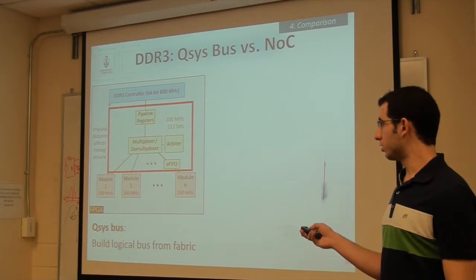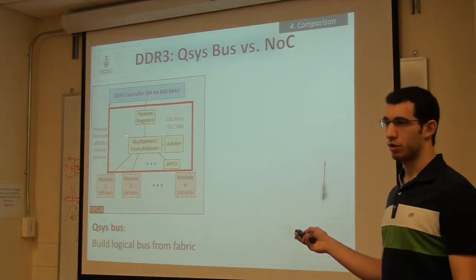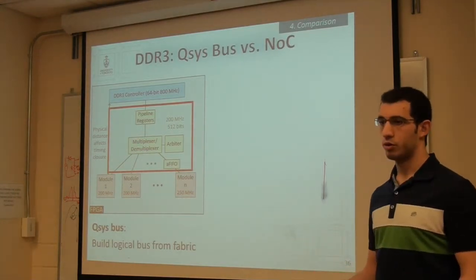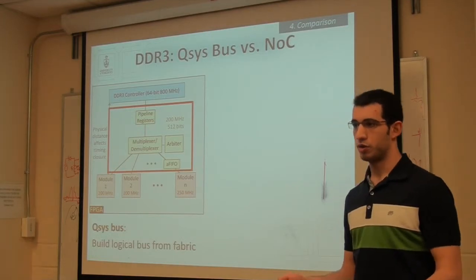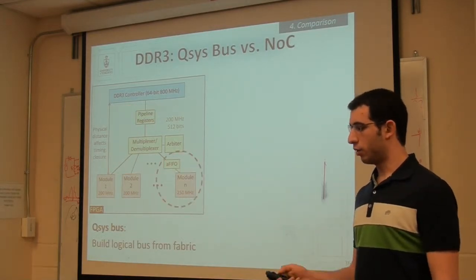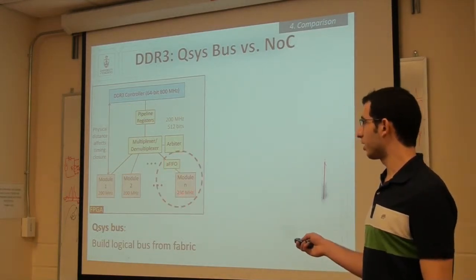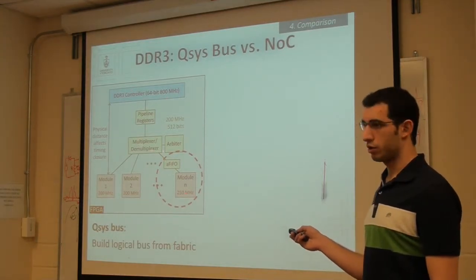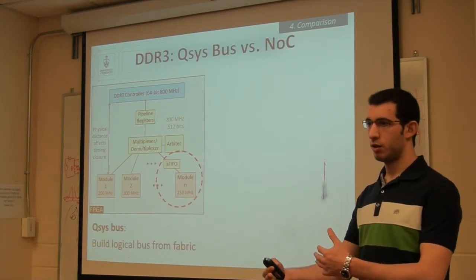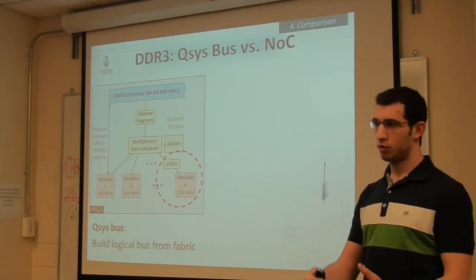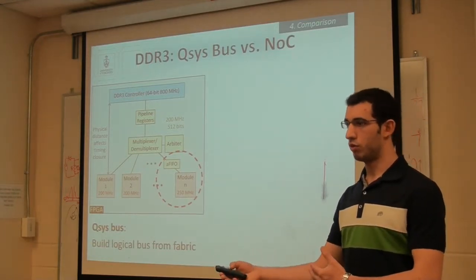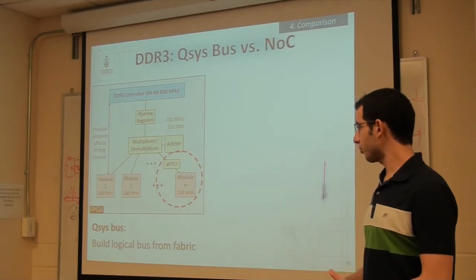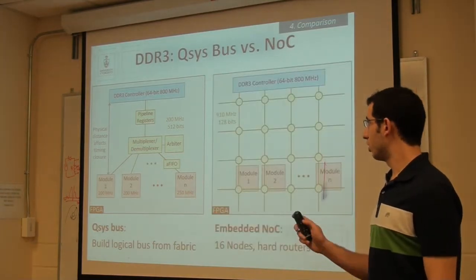What it generates is a network of multiplexers and demultiplexers, arbiters, and pipeline registers everywhere. If you have a module that's not running at exactly the quarter rate speed of DDR, then it will need an asynchronous FIFO to interface this module running at a different speed to the interconnect. So that's what QSys can do.